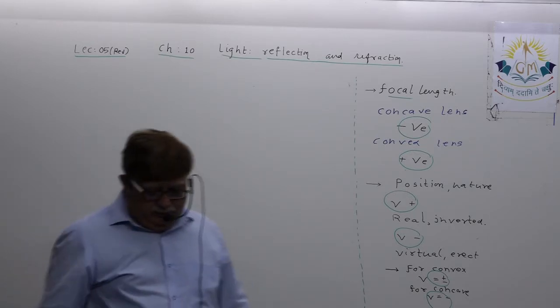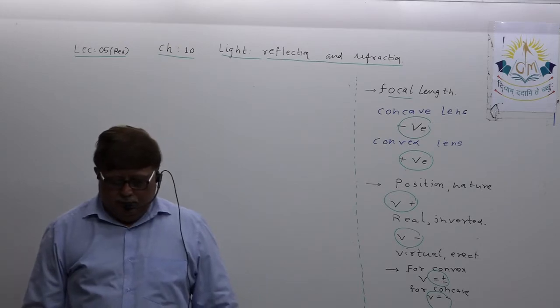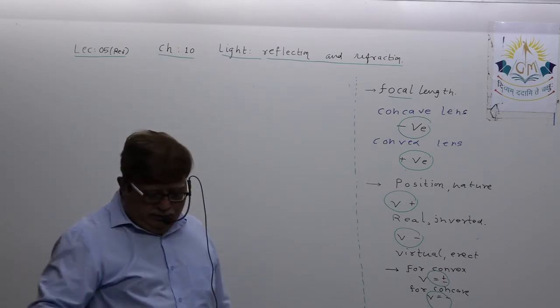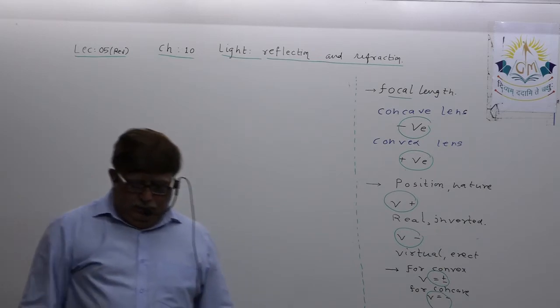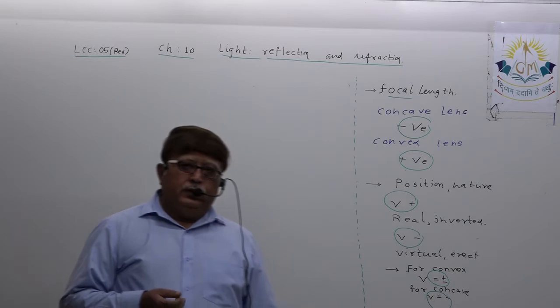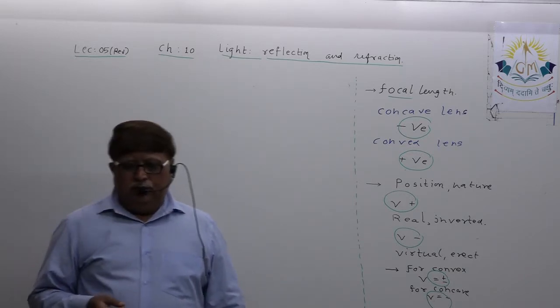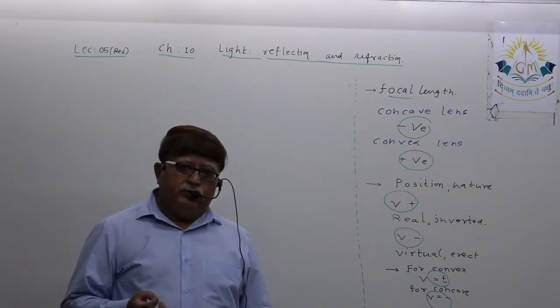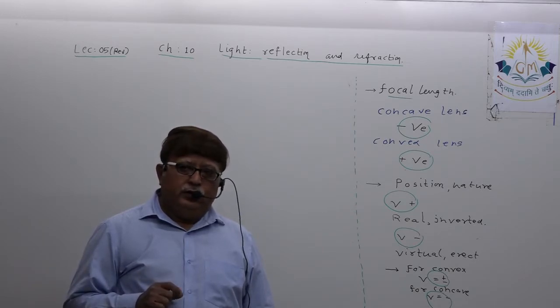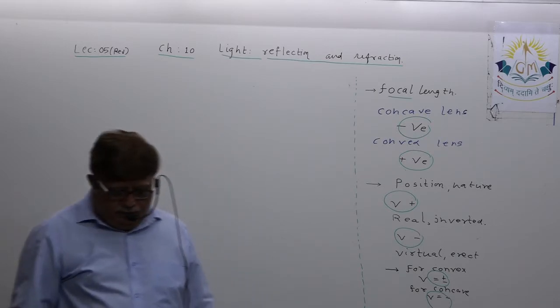Just read it first. What is given in example 18? Read it. It is actually, I can't consider it as an example, but just to make your basics clear regarding the ray diagram. What is given?